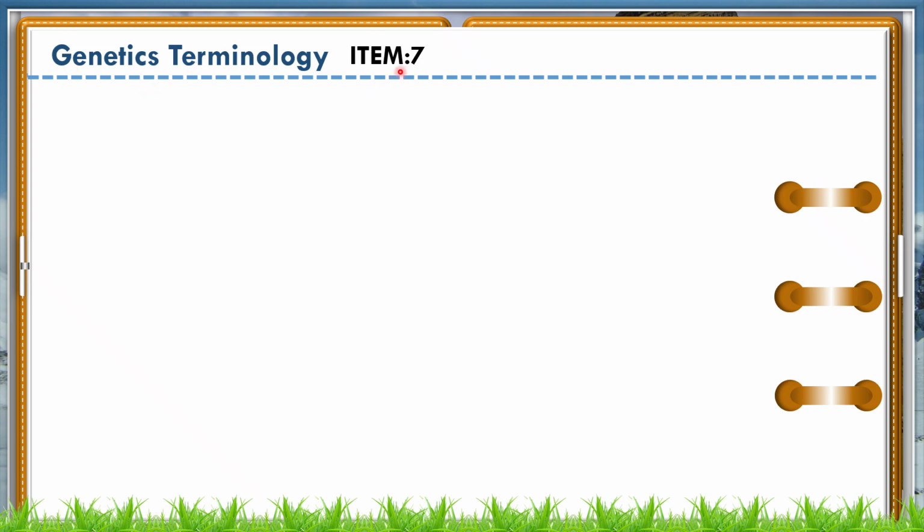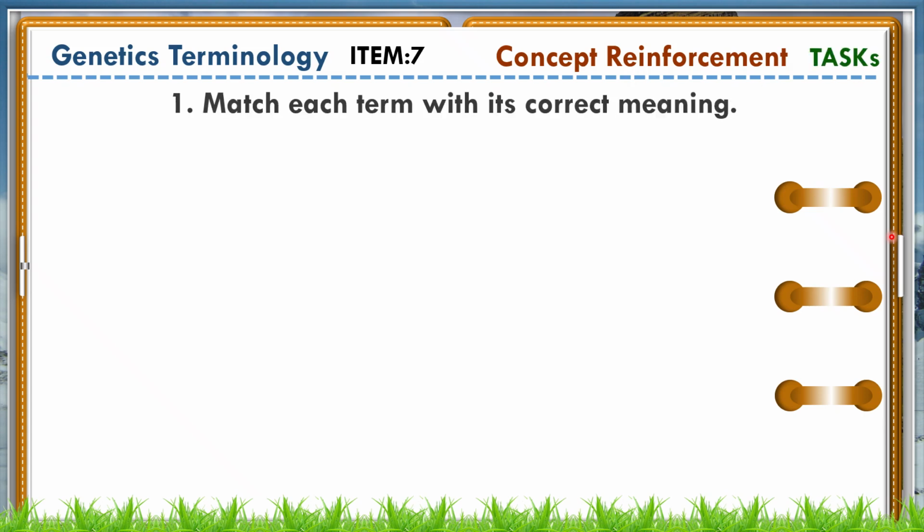Item 7, still on genetic terminology. We are going to look at concept reinforcement. Tasks. Match each term with its correct meaning.